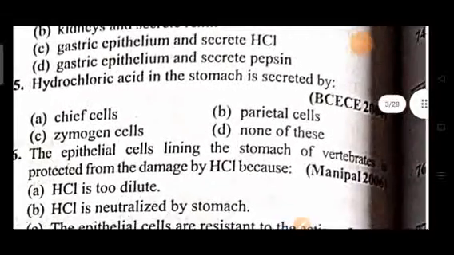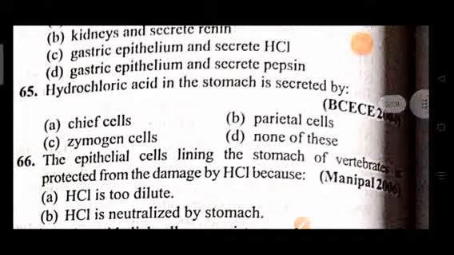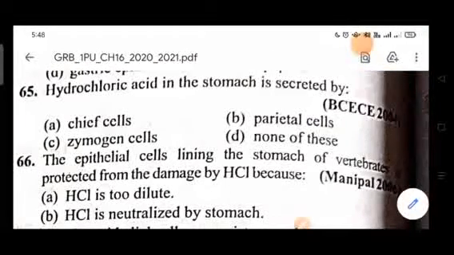Next, 65th question. Hydrochloric acid in the stomach is secreted by. So oxyntic cells, chief cells, parietal cells, zymogen cells. Zymogen cells produce zymogen, chief cells produce other components, and parietal cells will produce this hydrochloric acid.